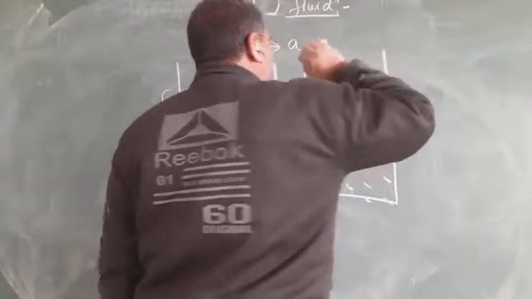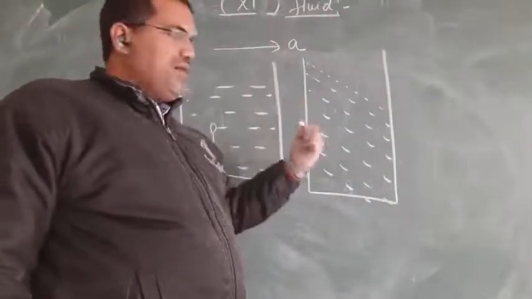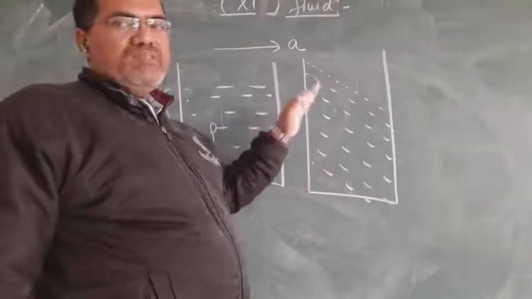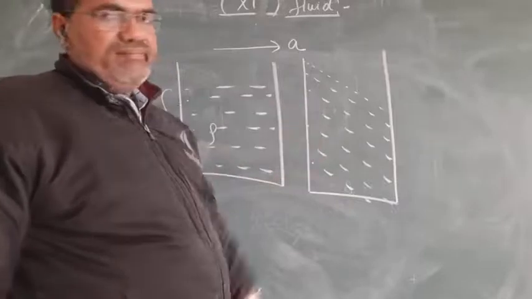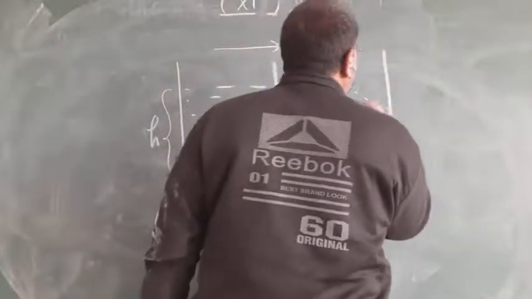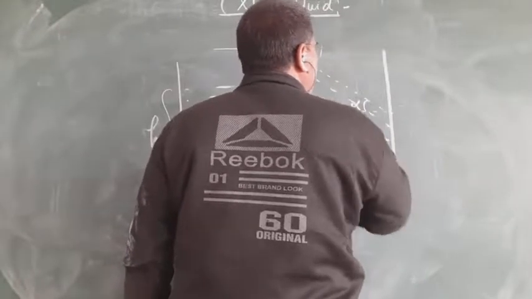This liquid may spill out from the container. So the liquid surface becomes tilted, rising by an angle alpha from this side.